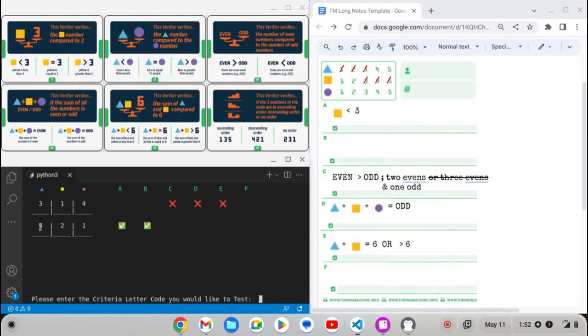In our case, triangle is greater than circle. 4 is greater than 1. The Turing machine agrees with that and confirms that. So that means that triangle should be greater than circle. So that's criteria B. So triangle is greater than circle.